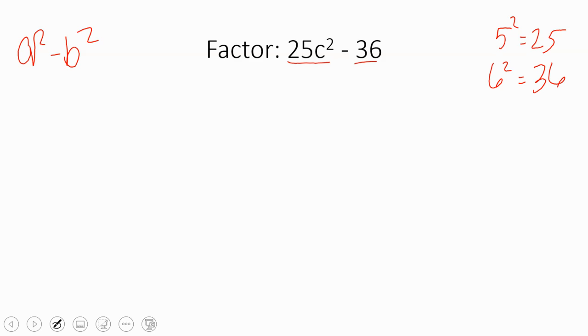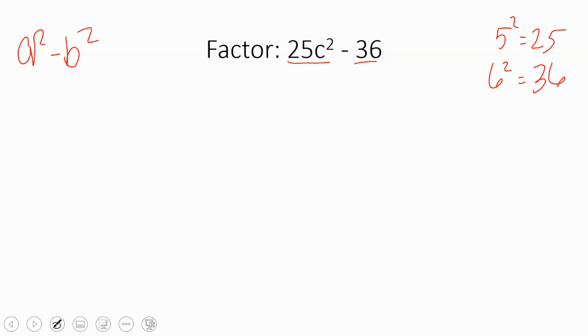All right, one more. So again, we have to make sure that this is a difference of squares problem. Is that a perfect square? Yeah, right, 5 squared equals 25. Is that a perfect square? Yeah, 6 squared equals 36.